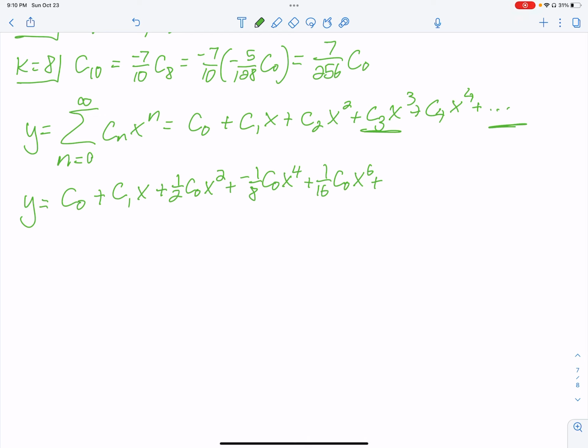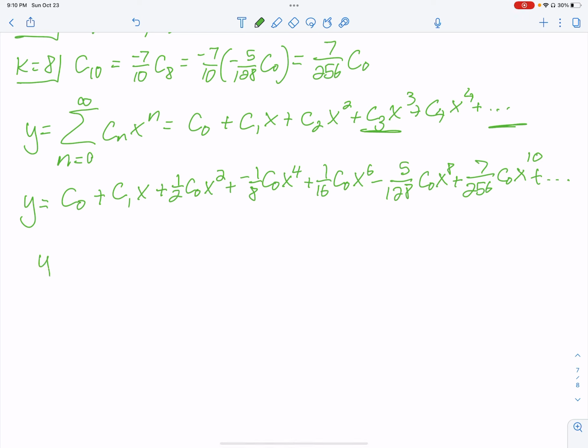Then the next one is C8, negative 5 over 128 C0, x to the 8th. And then I got one more. We did a lot on this one. 7 over 256 C0, x to the 10th. And this goes on, remember, forever, so don't leave that off. So there is my solution together with the C naughts and C1s.